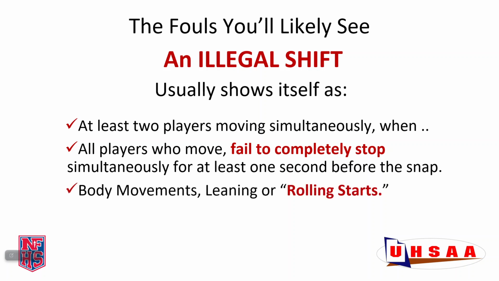The other way you're going to see this is through body movements of the lineman, leaning or rolling starts, where the lineman goes from a 2-point to a 3-point stance, and then the ball is immediately snapped. This rolling start creates a momentum advantage for the offense that the rules prevent. And this is where our rules for the shift transform from balance of offense and defense to player safety.